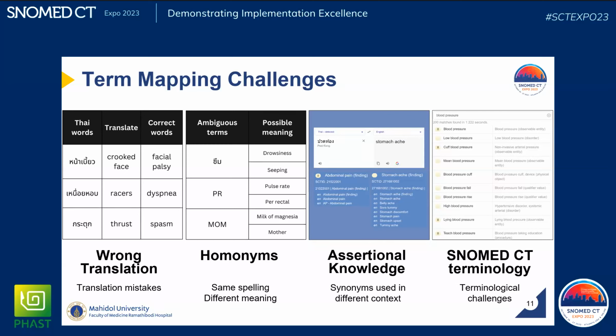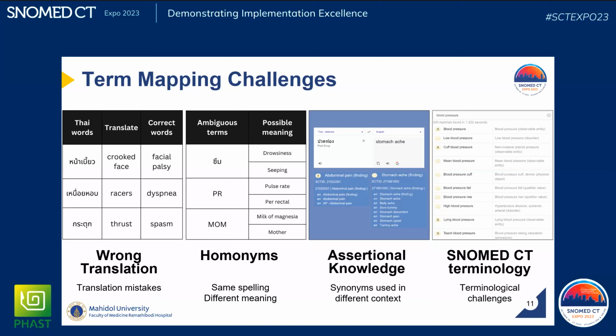It is like a word used in different contexts can infer different things. In this case, ปวดท้อง is translated by Google to stomach ache, but in the Thai healthcare context, it is more similar to abdominal pain than stomach ache.